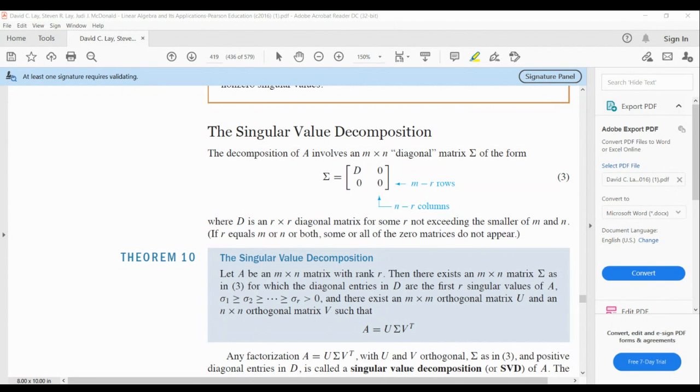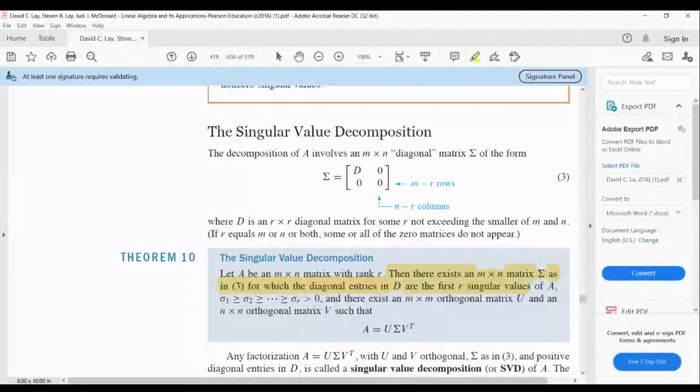Now, then there exists an m by n matrix, the symbol is called sigma. It's the Greek symbol sigma. So there exists an m by n matrix sigma in which the diagonal entries are what are called singular values of A. And we're going to talk about all of this, so don't get too confused.